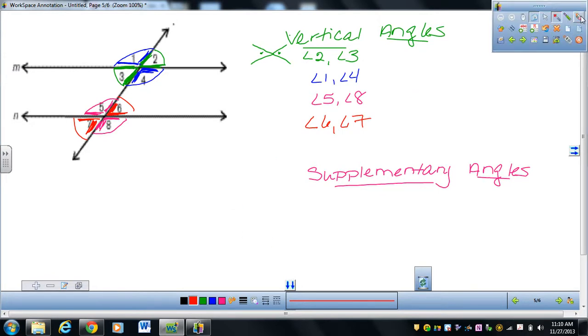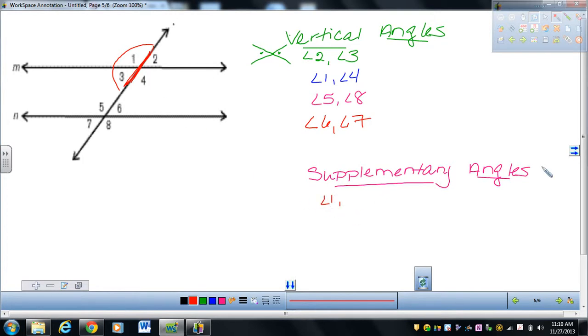Okay, let's talk about the supplementary ones. Supplementary means that they form a straight line. So anywhere you see a straight line, you've got a supplementary pair. So I've got a straight line right here, which means that I've got these two that can be supplementary.